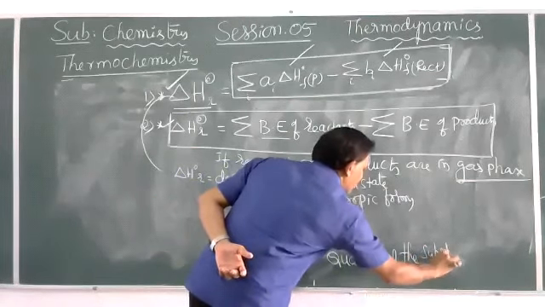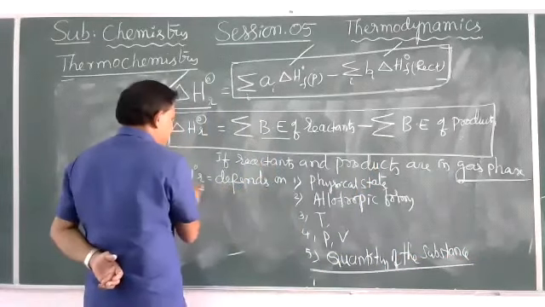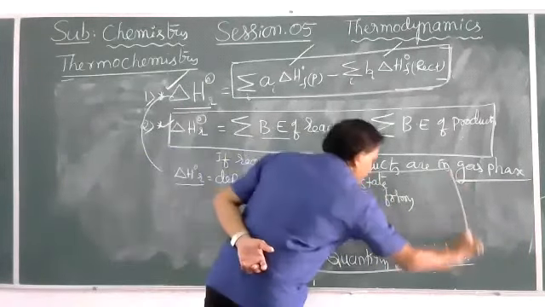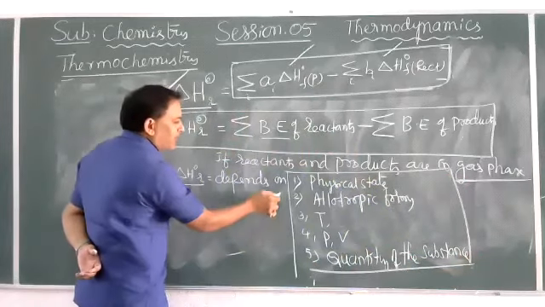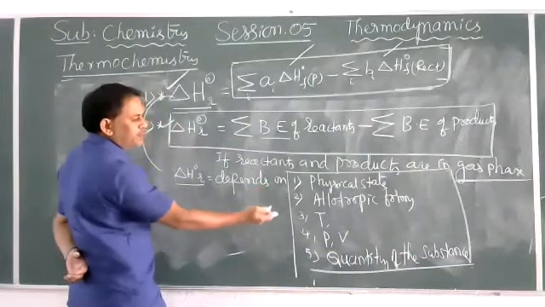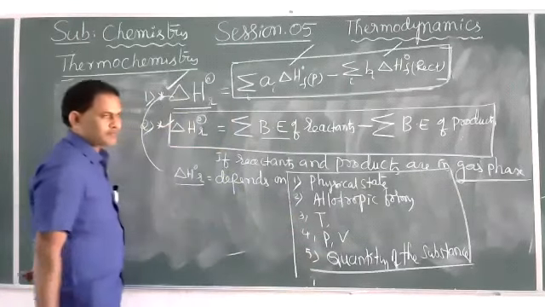These are some important factors which influence this delta H naught R, the enthalpy of reaction. So I'll explain problems on how it depends on physical state, allotropic forms, temperature, pressure, volume, and quantity of the substance.